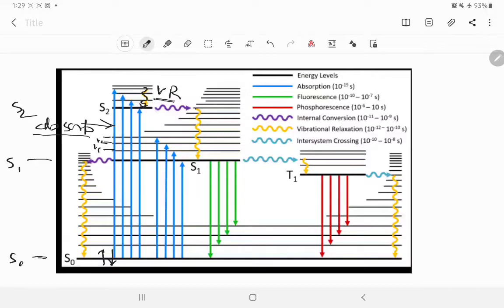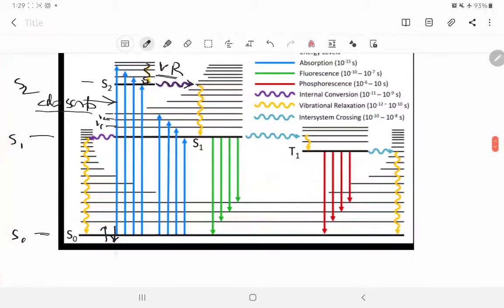Similarly, it may go from S2 to S1, from the ground vibrational level of the higher singlet state to a higher vibrational level of the lower singlet state. These are the higher vibrational levels of the lower energy singlet state.